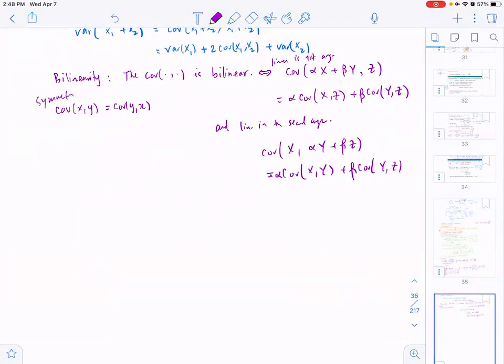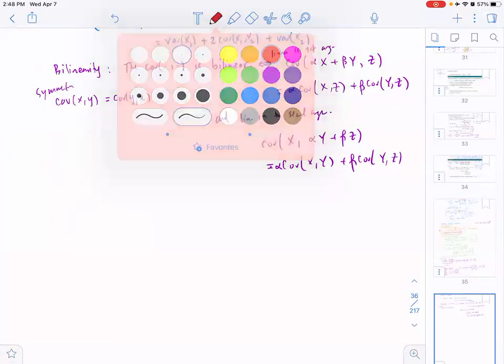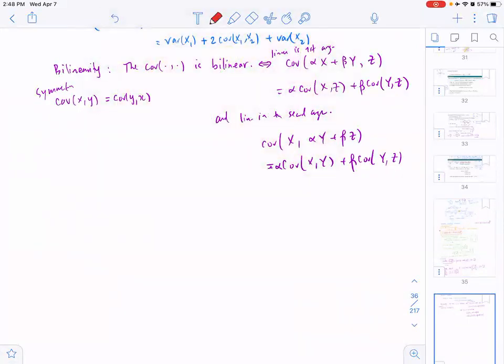And you can combine the two cases. Bilinearity means linear in each of the arguments. So, let's say we compute cov of alpha x plus beta y and gamma z plus delta w.